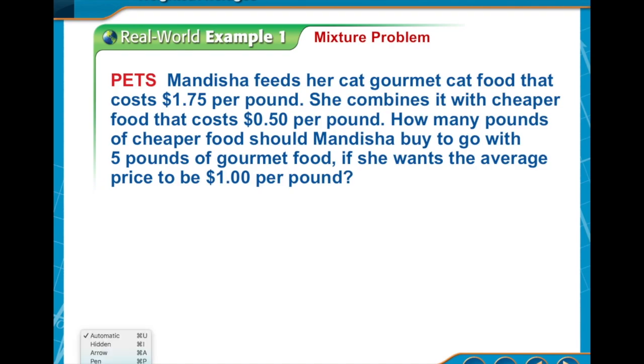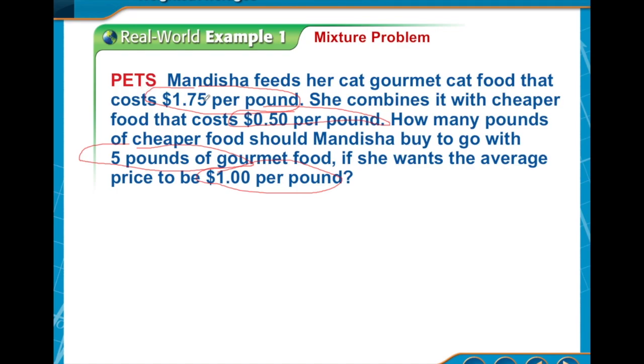So as we're looking at this and breaking it down, it's important to pay attention to the words that we see and the numbers that we see. So I'm going to circle what's important here. So we've got all these things going on. So someone's feeding their cat gourmet food.